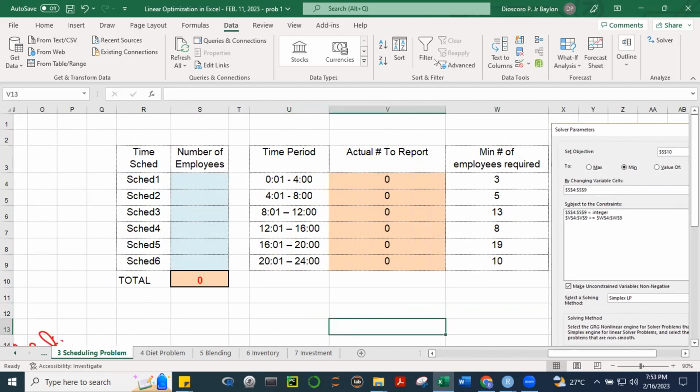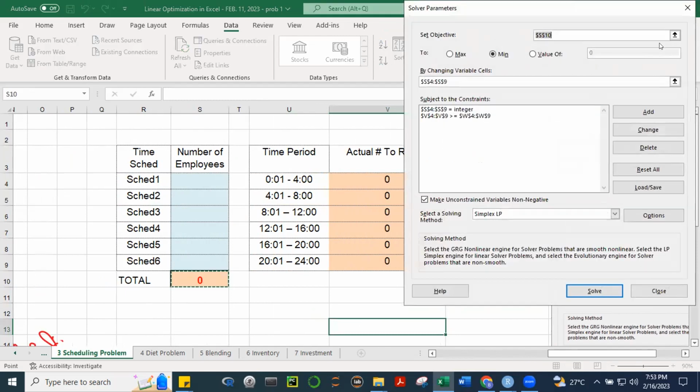Okay. All right. Let me just redo this. So let me go to Data, Solver. And there are many ways to skin a cat, class. This is one way. So my objective function is here. And please take note of the color coding and the border.